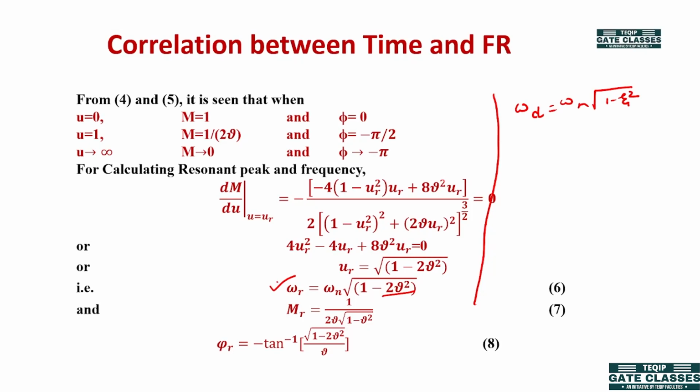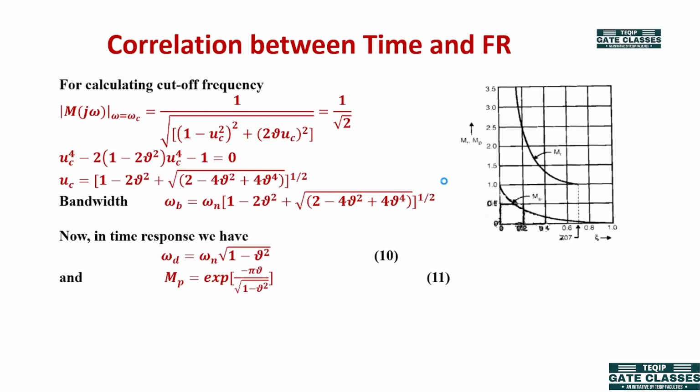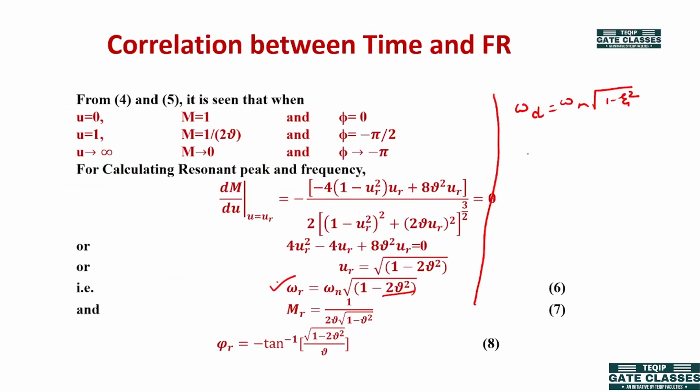And our Mp, the peak overshoot, is equal to e to the power minus pi zeta upon under root 1 minus zeta square. So our Mp depends upon zeta. Similarly, our resonant peak is also depending upon zeta only, and our resonant frequency depends upon omega n and zeta. Similarly, our damped frequency depends upon the natural frequency and zeta.